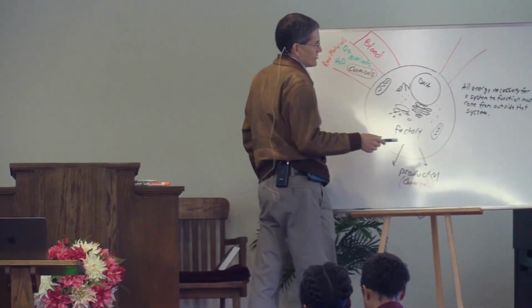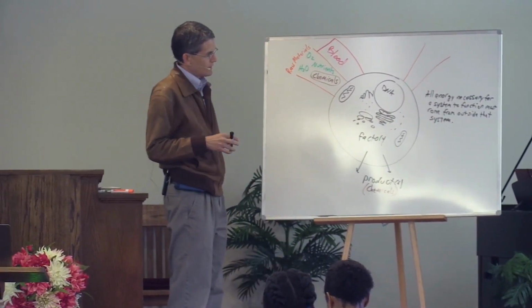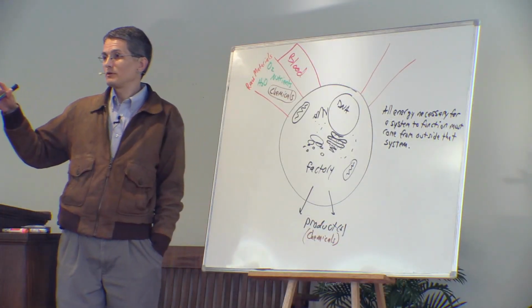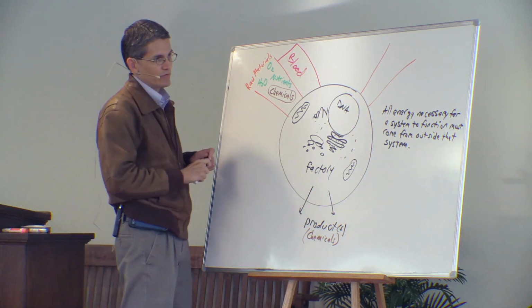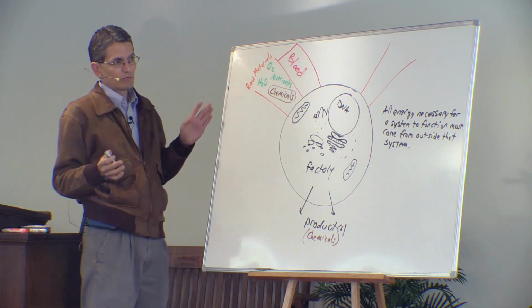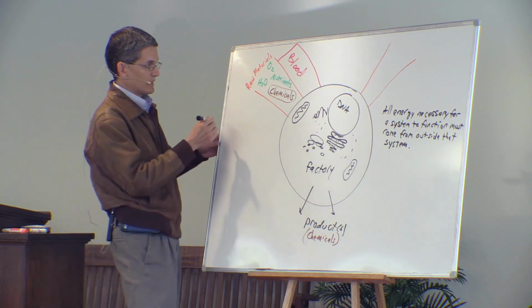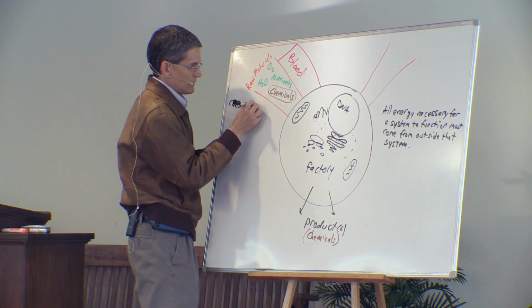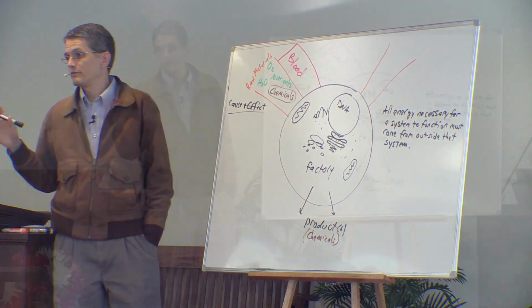So all energy necessary for a system to function must come from outside that system. Because that is true, all systems are dependent upon a source. And because all energy necessary for a system to function must come from outside of it, we have cause and effect, which is a foundational law of nature.